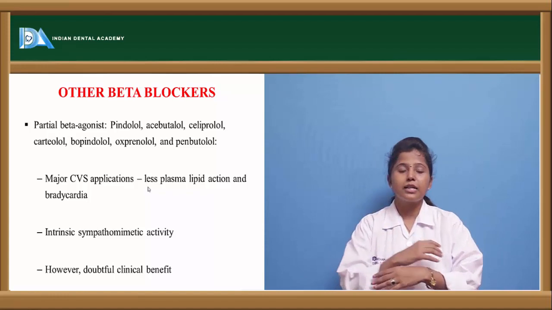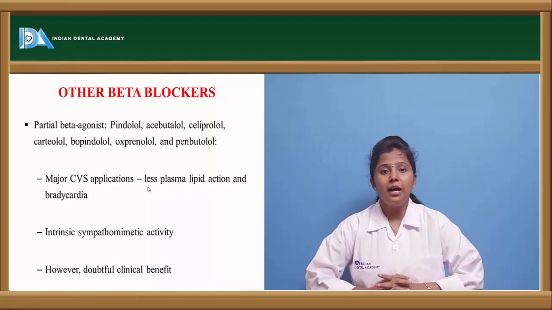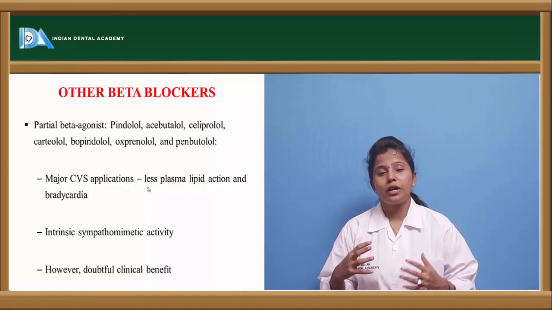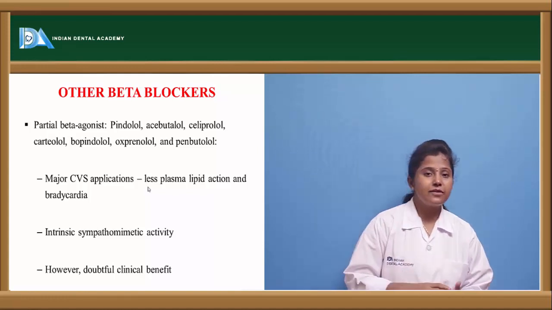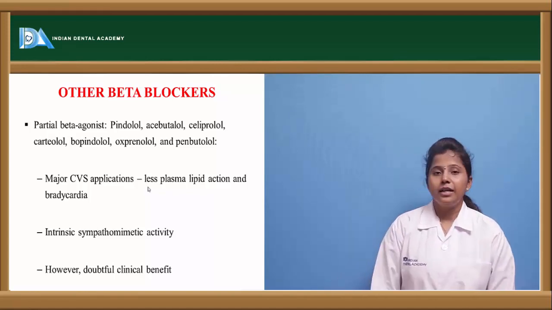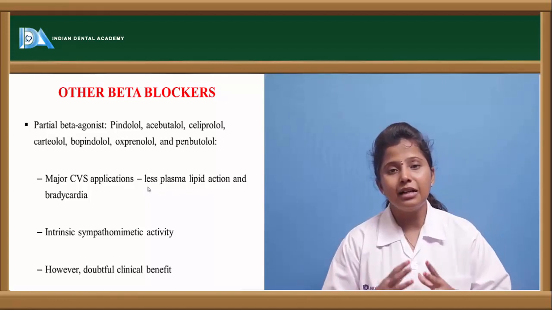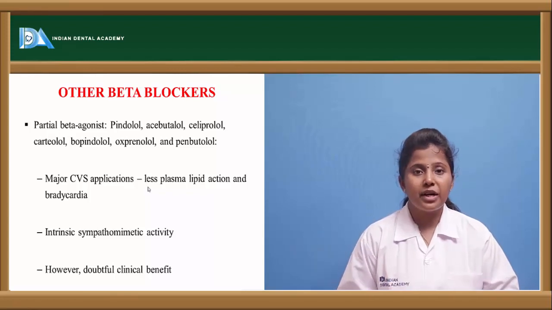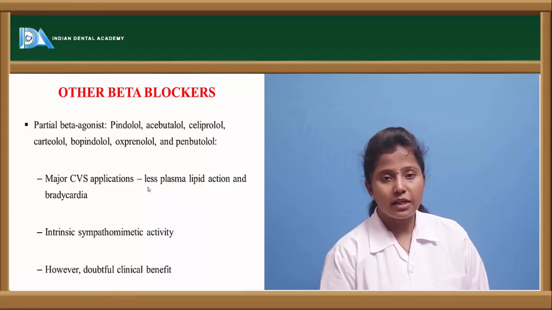Apart from that, they show intrinsic sympathomimetic activity. These drugs mimic the actions, showing stimulation of the sympathetic nervous system, and that is the reason their clinical use is very less when compared to other beta receptor antagonists.